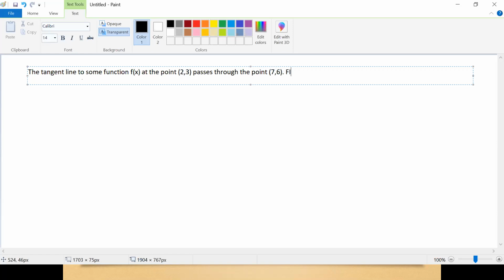I want you to find what would be the first derivative of that function at the point 2.